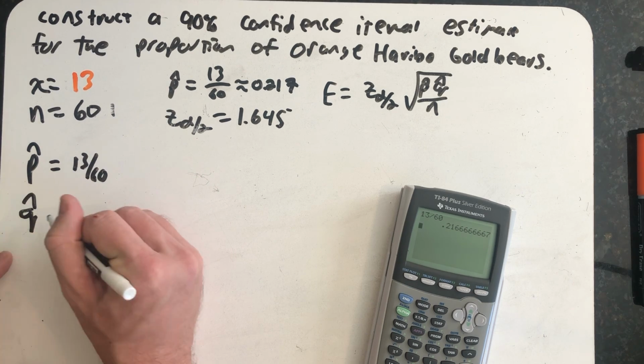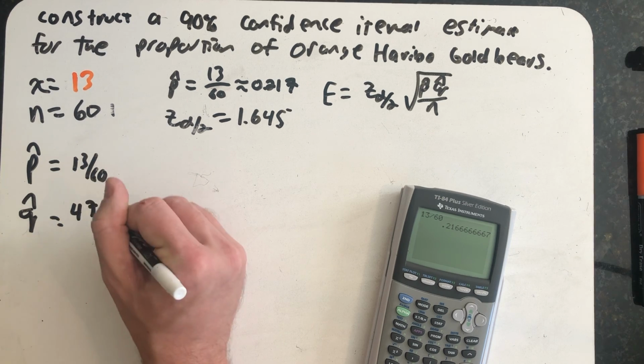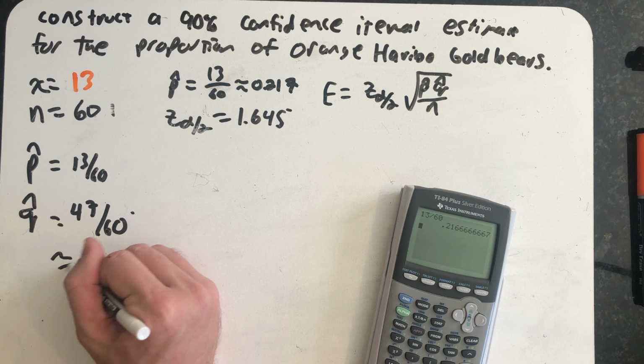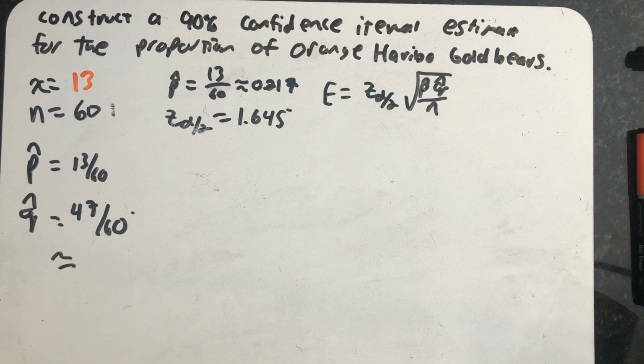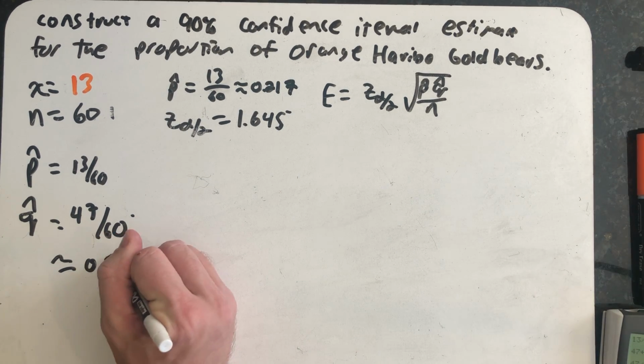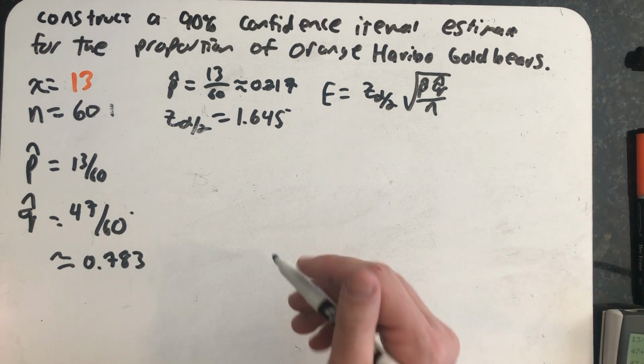Q hat, 1 minus P hat, as a fraction, that would leave me 47 out of 60. And if I wanted to write that as a percentage, I could subtract that or just do the arithmetic here and get 0.783. I'm ready to calculate my margin of error.